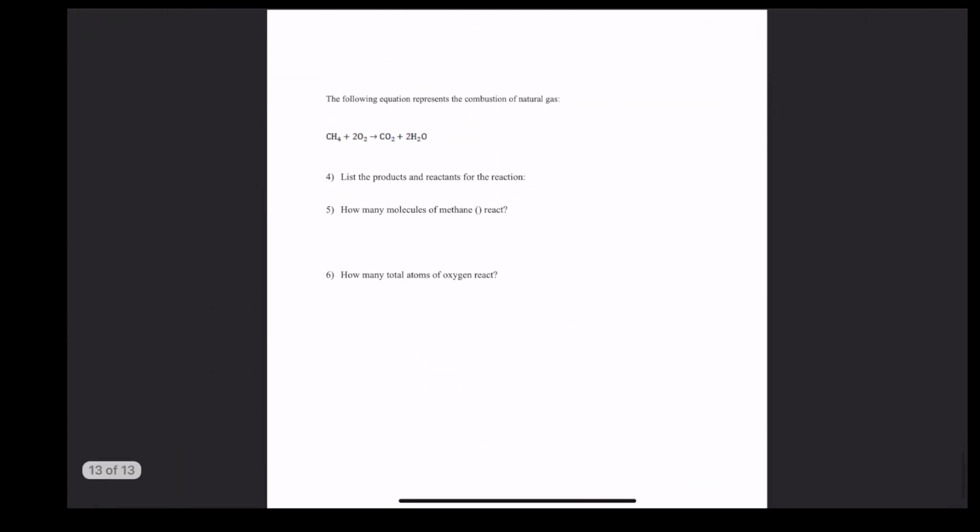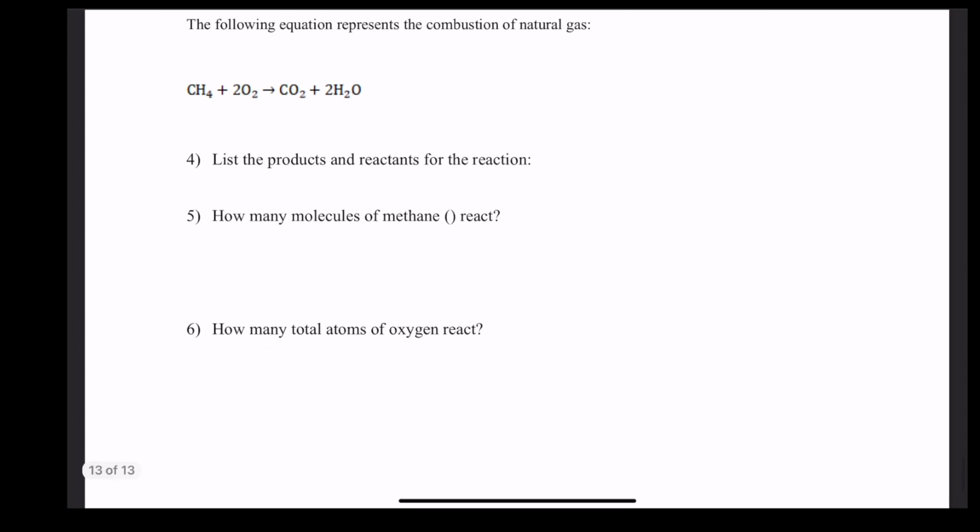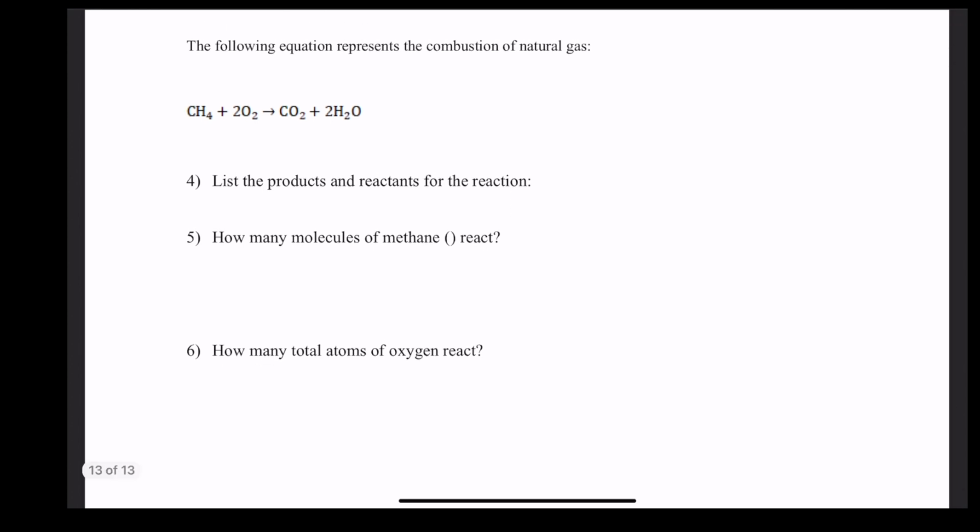Moving on to the next questions. It is the same concept, but a little bit different. So it says the following equation represents the combustion of natural gas. CH4 plus 2O2 is equal to CO2 plus 2H2O. So number 4 is asking us to list the product and reactant for the reaction.